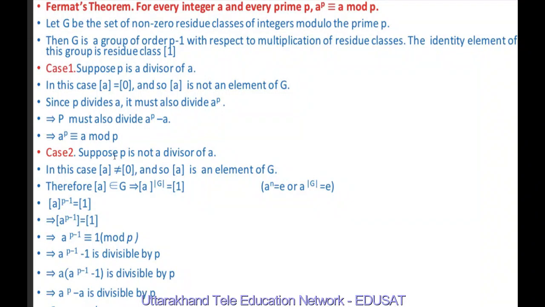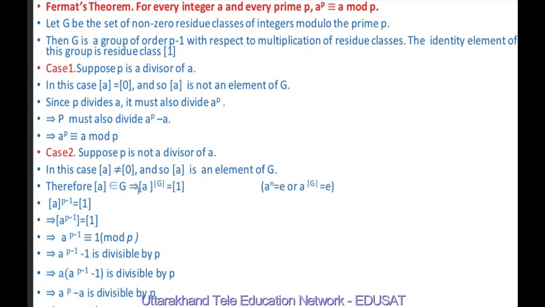Now the second case: suppose p is not a divisor of a. In this case, residue class of a is not equal to residue class of 0, and so residue class of a is an element of G. And we know that a raised to power n equal to e, where n is the order of G. Here, the residue class of a is an element of G and 1 is the unit element.